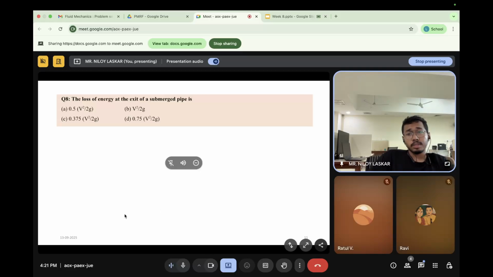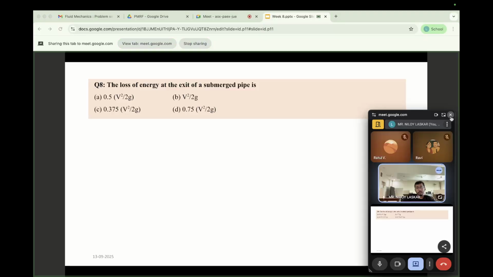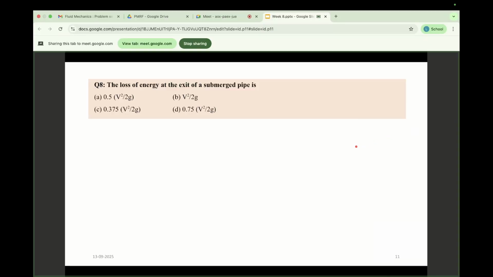Okay, I am just answering this one for you. Basically, in this question, it talks about the loss of energy at the exit of a submerged pipe. A submerged jet means a pipe. Say this is a pipe.